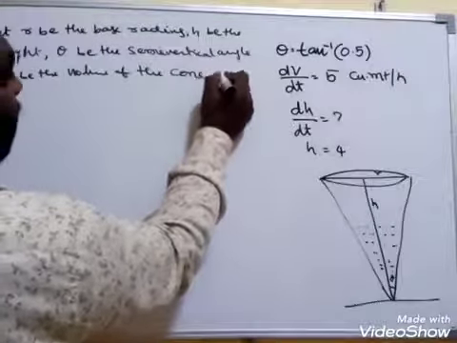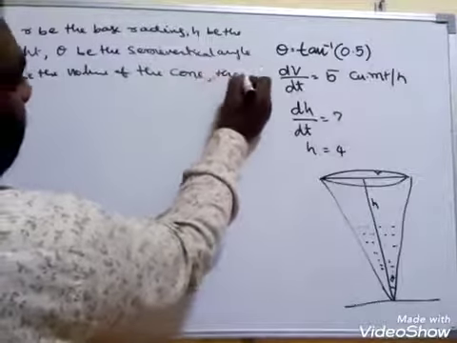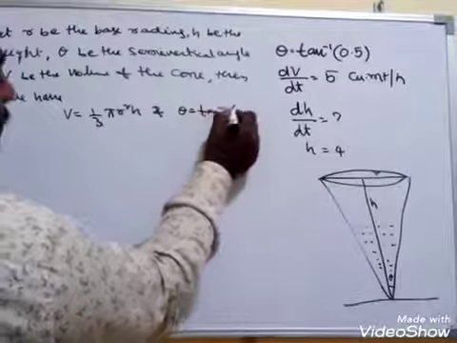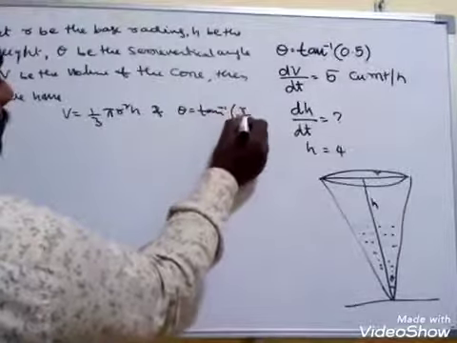Then we have V is equal to 1 by 3 pi r square h, and theta is equal to tan inverse of r by h.